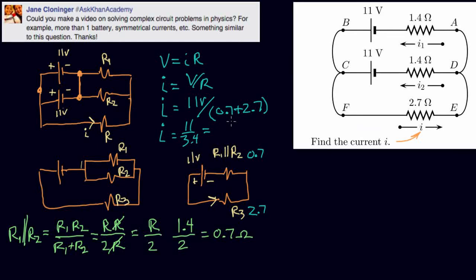It's 11 volts divided by 3.4 ohms, and that equals 3.23 and so on, and that will be in amps. So this right here is our answer. So the current I equals 3.2 amperes.